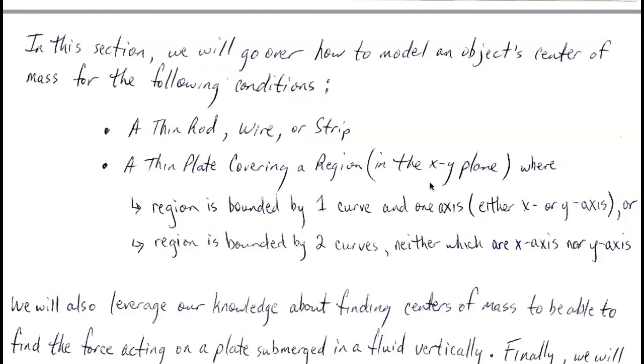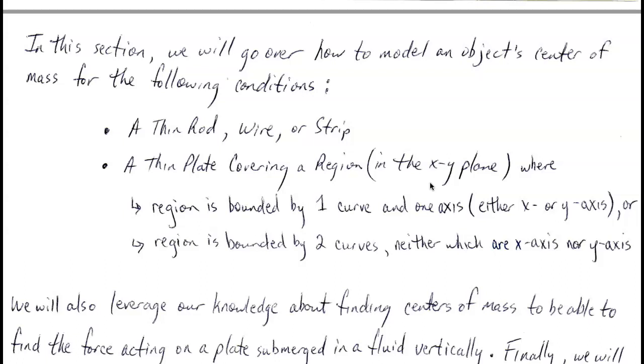The next thing we'll do is have a thin plate covering some region, in other words, a two-dimensional figure, and we're going to figure out what moments are in those situations, as well as how to use those moments to calculate our centroid or center of mass.